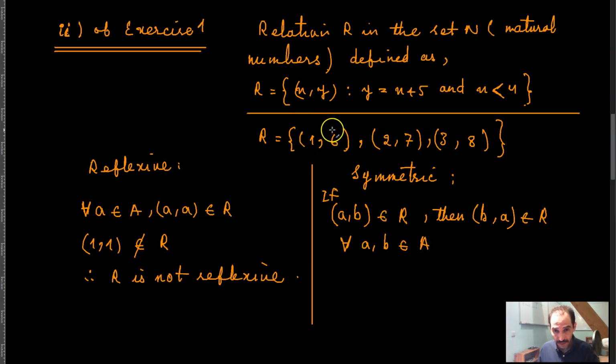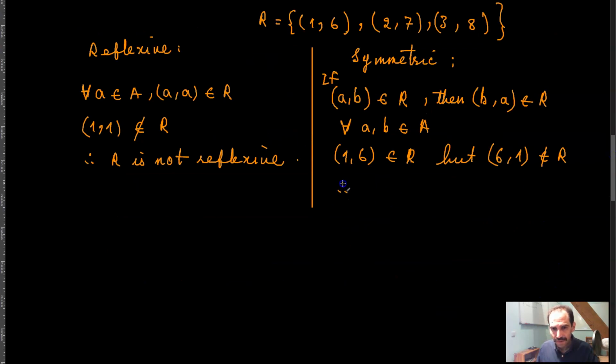So over here you can see that 1 comma 6 does belong to R, but 6 comma 1 does not belong to R, and therefore R is not symmetric.